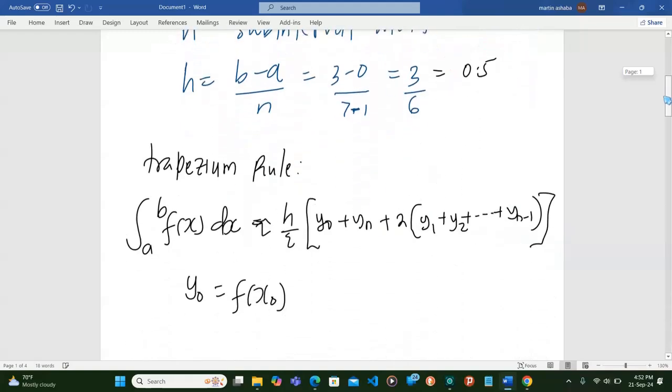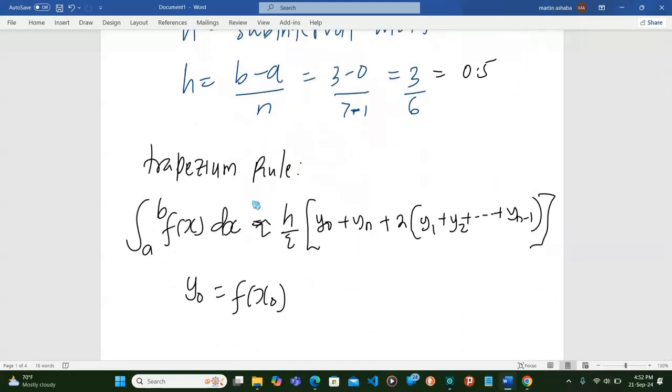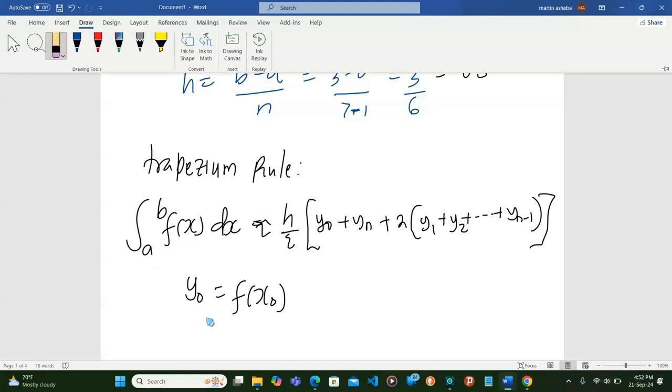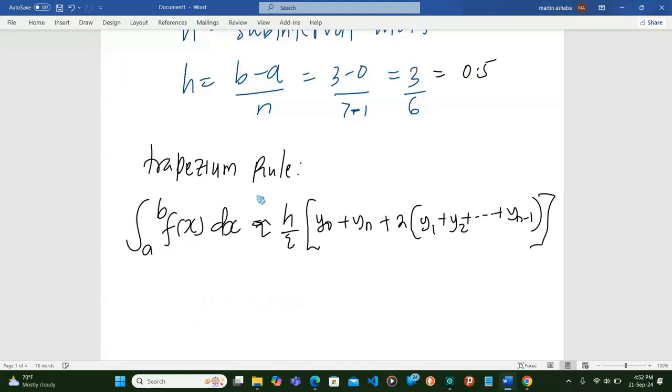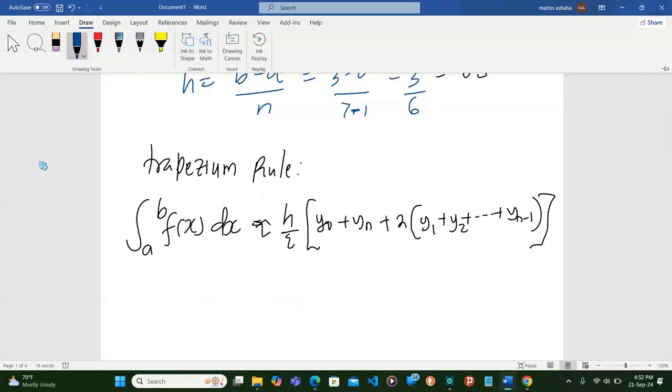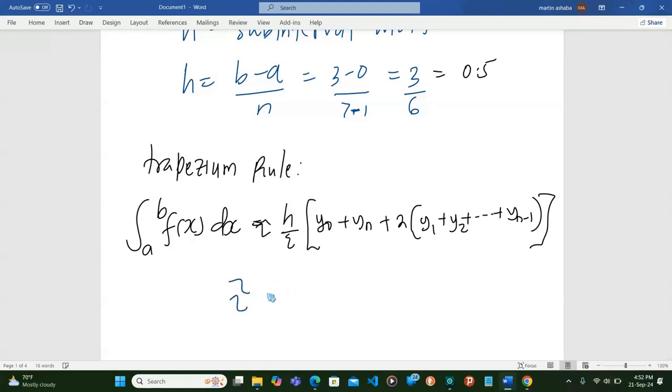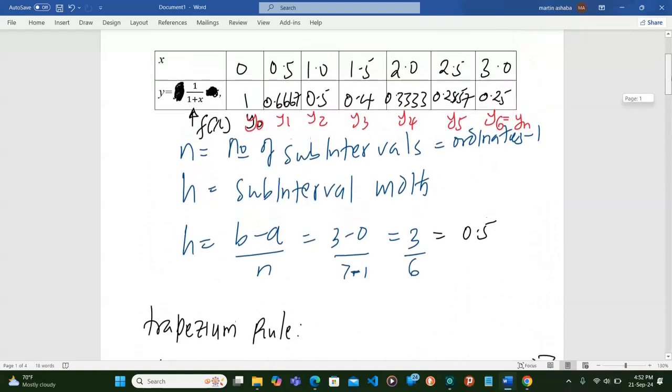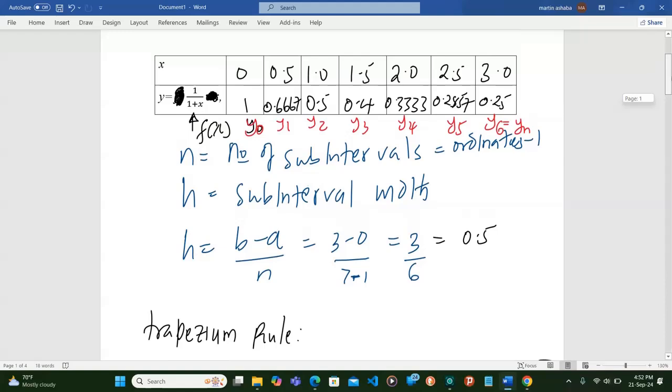So when I come here, what I'm going to do is to substitute in those values. So that integral will approximately equal h out of 2, h is 0.5 divided by 2, then y naught is 1, yn is 0.25. Then 2 into, first of all, the y1 is 0.667, 0.5, 0.4, 0.333, up to 0.2857.